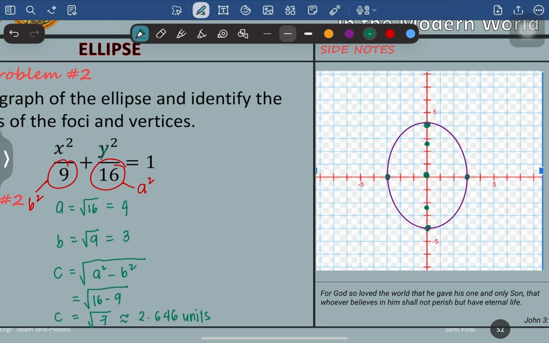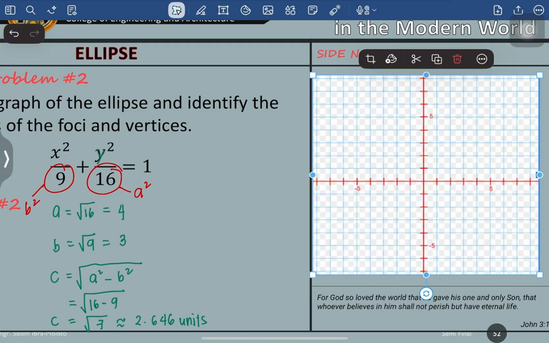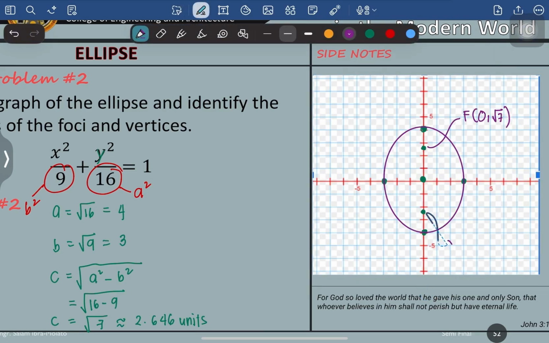Therefore, since it is along the y-axis, the coordinates of one of the foci should be 0, square root of 7. Then the other one, F prime, is 0, negative square root of 7.